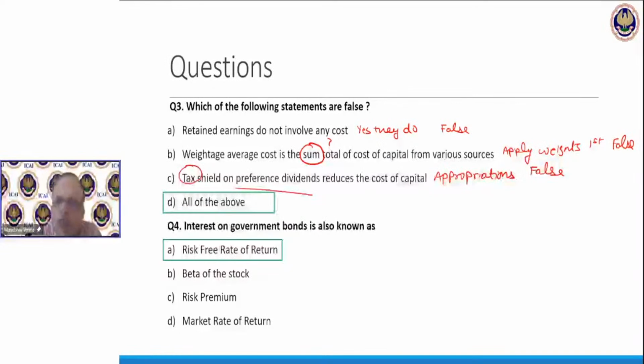Beta of the stock is not the interest in government bonds, risk premium definitely not, and not even the market rate of return. So that's the risk-free rate, guys. Everyone clear, guys? Fourth A, third D. Everyone clear on these two questions now? Please confirm.